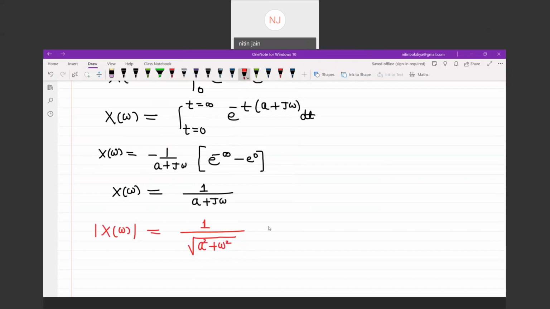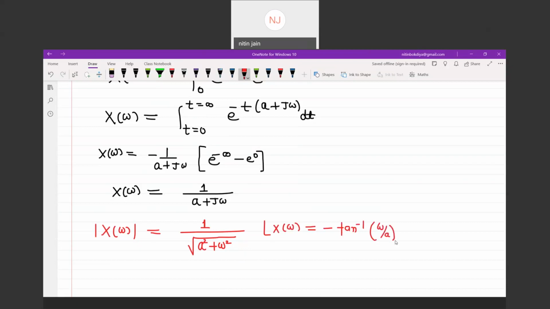And what is the angle of x of omega? The angle of x of omega is given by minus tan inverse of omega by a.